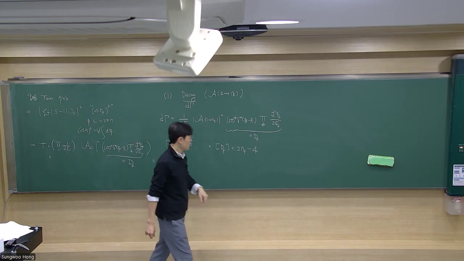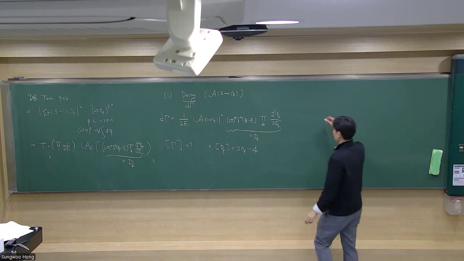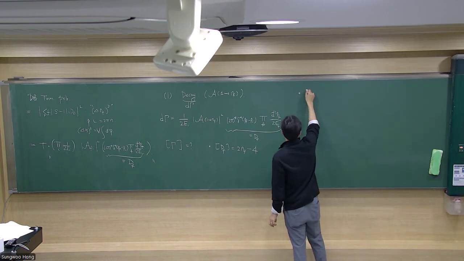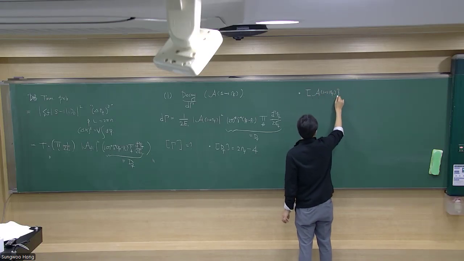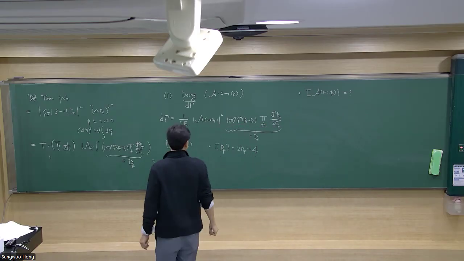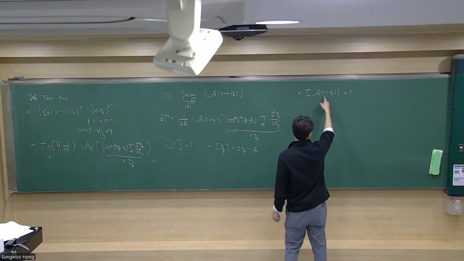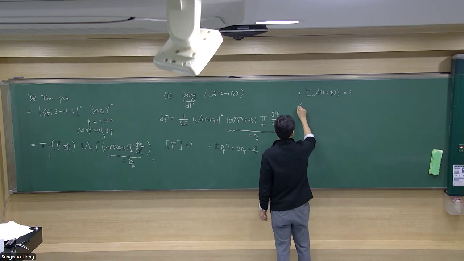Now let's think about the dimension of this amplitude. So what's that? In order to figure this out, let's go back to the definition of how that was defined. Well, that was defined as follows.